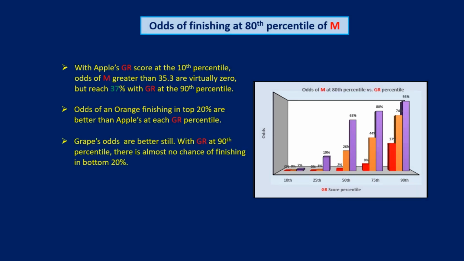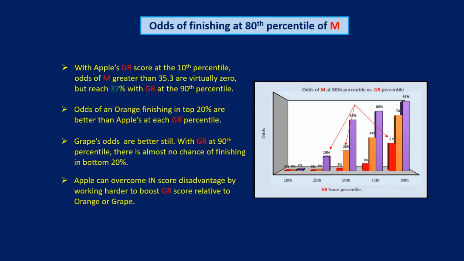And when we repeat the analysis for a grape, the IN score advantage becomes even more apparent. A grape has much better odds of finishing in the top 20% than an orange at all GR percentiles. However, unlike GE and IN, for which a rider's parents and community are mainly responsible, a rider's GR score depends only on how hard he applies himself.